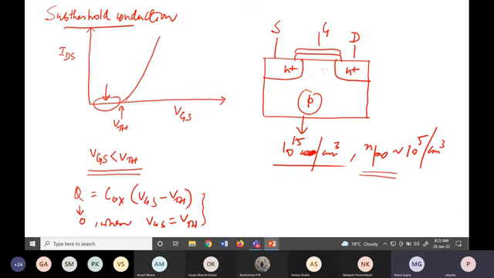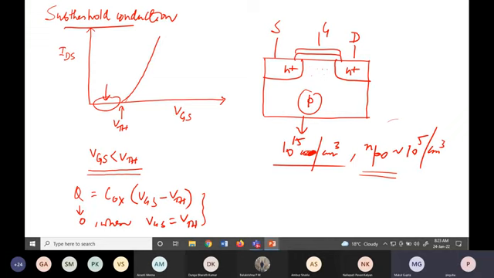The voltage we apply between drain and source will be low, so the field in the channel region is very small, and compared to the drift current which we get when the MOSFET is on, it is very low.